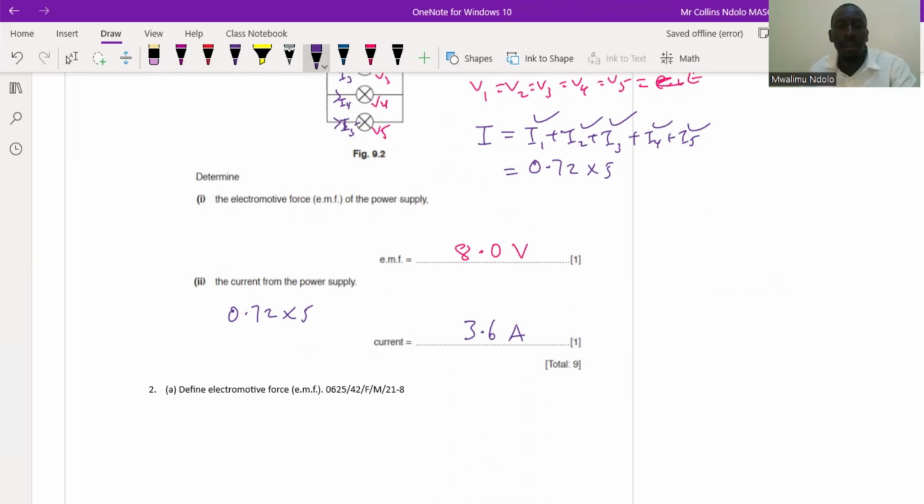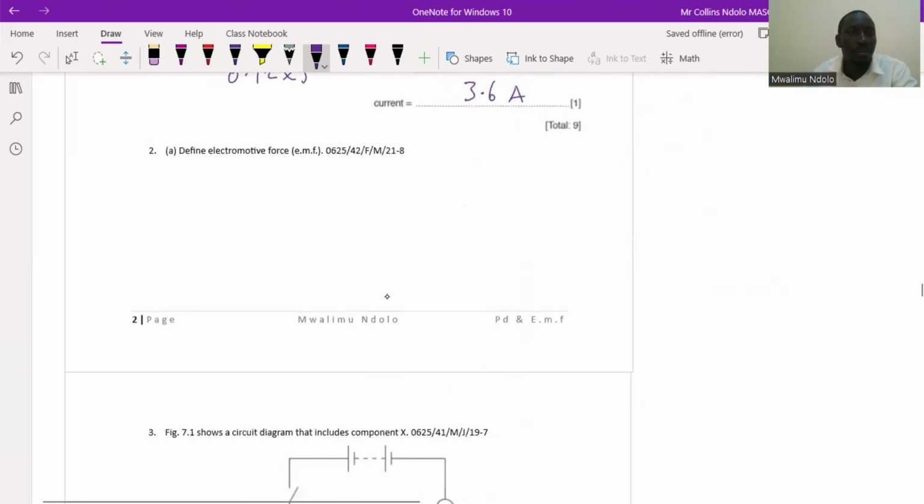Let's go to another question. Number 2, define the electromotive force. How do we define electromotive force?